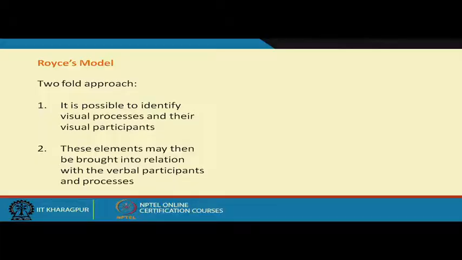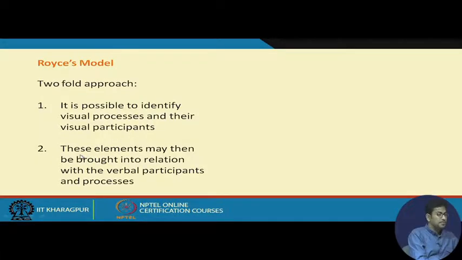Whenever you have a visual representation, you can identify the visual participants and the visual processes, what is happening between these participants. That is very clearly discernible in many of the visuals. And when you are designing, also think of who the participants in your design are and what the processes are. That is the first step that you take. And let us come to the second step.